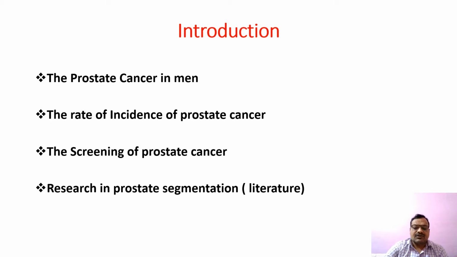Second one, introduction. As I discussed earlier, prostate cancer is found in males and is the fifth leading cause of death worldwide. Prostate cancers are usually benign, begin with no symptoms at the early stage and persist without any pain.